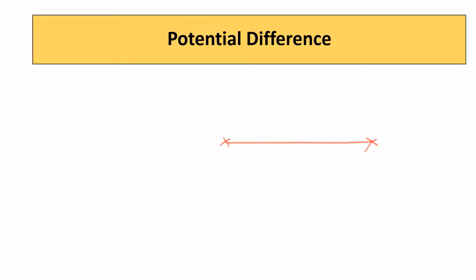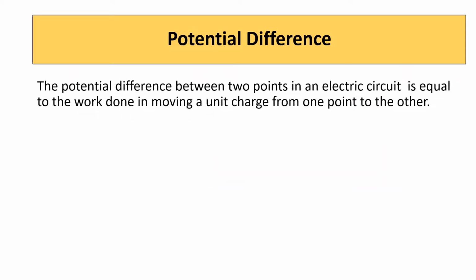Therefore, the potential difference between two points can be defined as the work done in bringing a unit charge from that point to the other. The potential difference between two points in an electric circuit is equal to the work done in moving a unit charge from one point to the other.